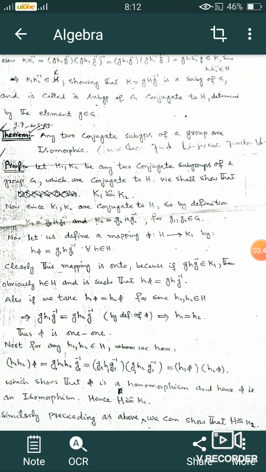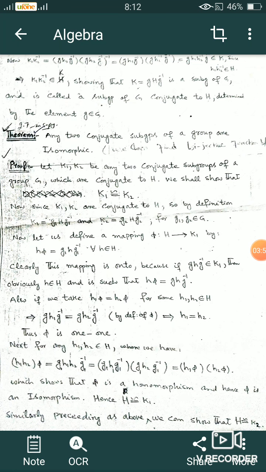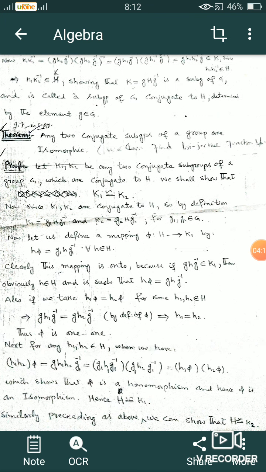This is equal to h1 phi, bracket, h2 phi, which shows that phi is a homomorphism and hence phi is an isomorphism, and hence H is isomorphic to K1. We showed that H is isomorphic to K1. Similarly, proceeding as above, simply replacing K1 by K2, we can show that H is isomorphic to K2.